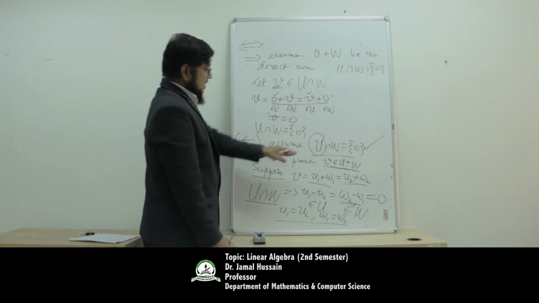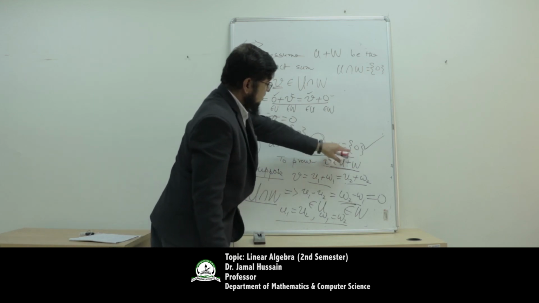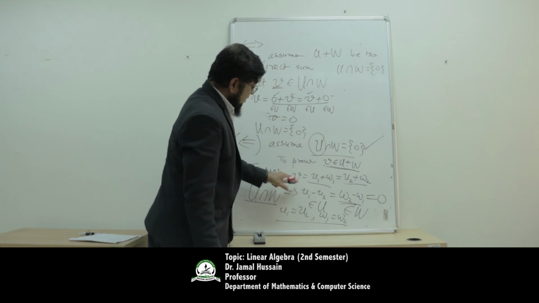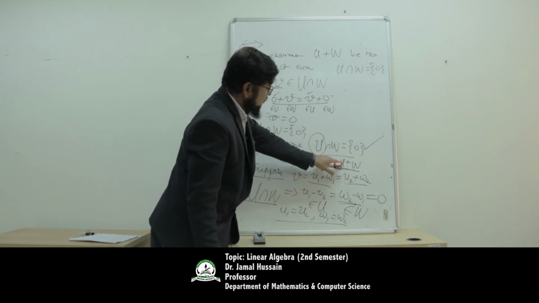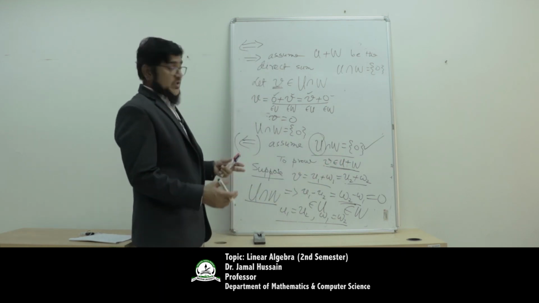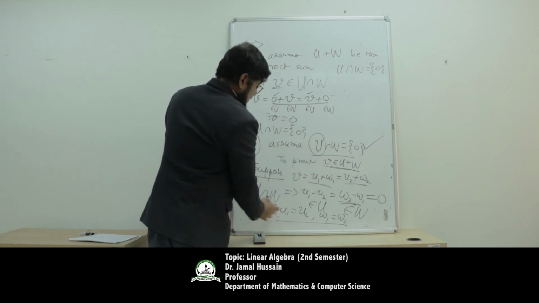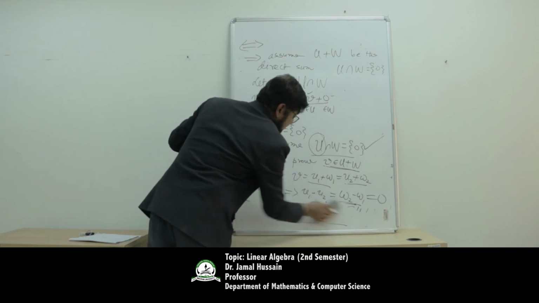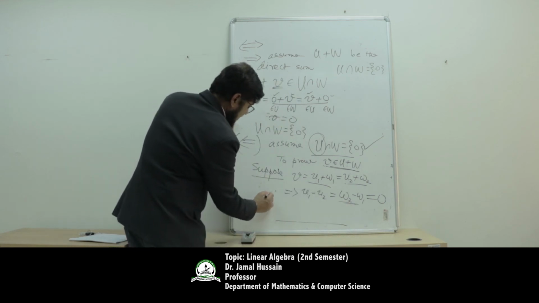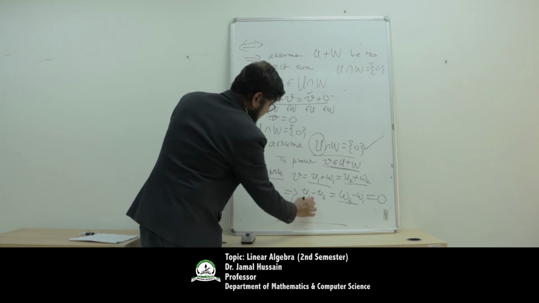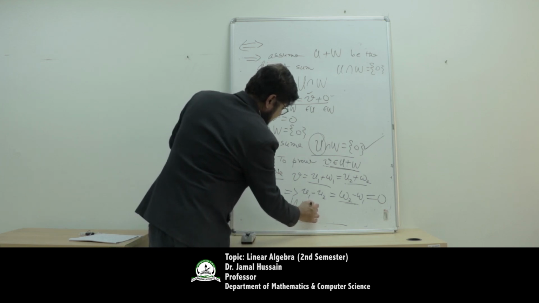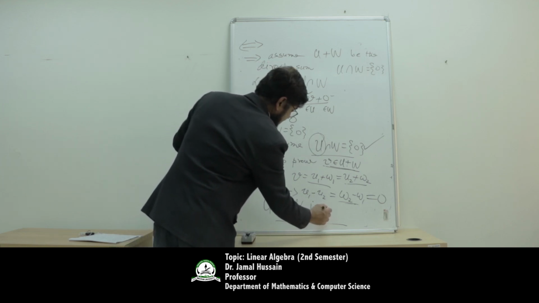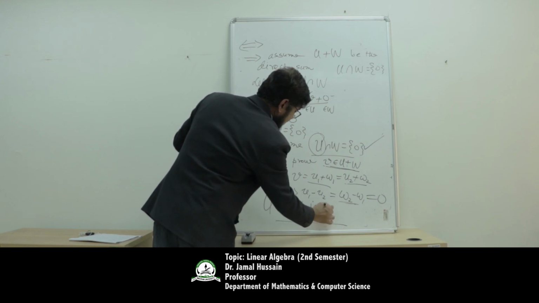So that means what we have proved is, if the intersection is 0, then we can express the vectors as a sum of two vectors in U plus W in a unique way. That means, if this can be done, then U plus W is the direct sum.